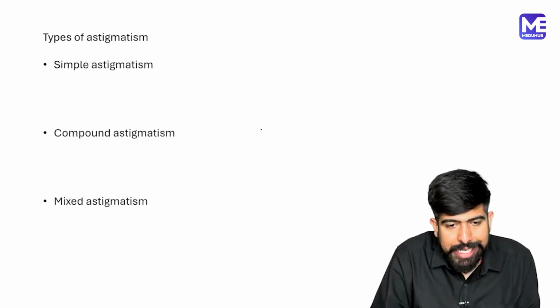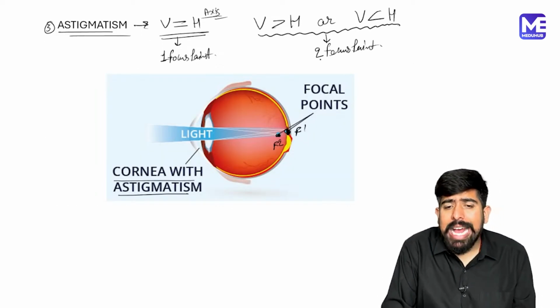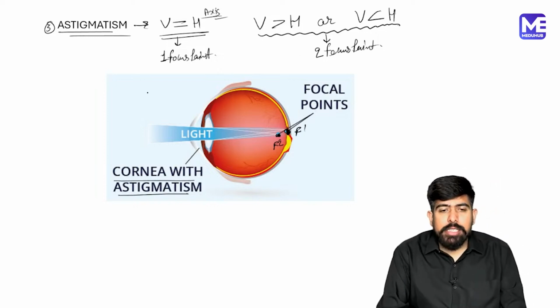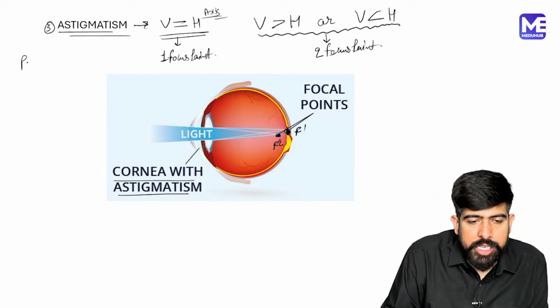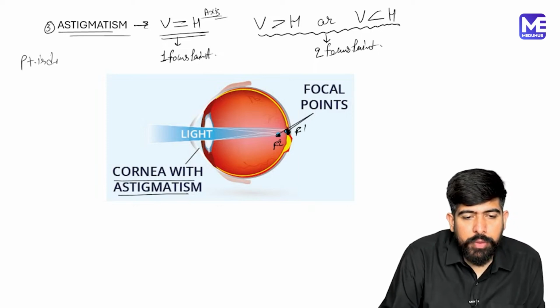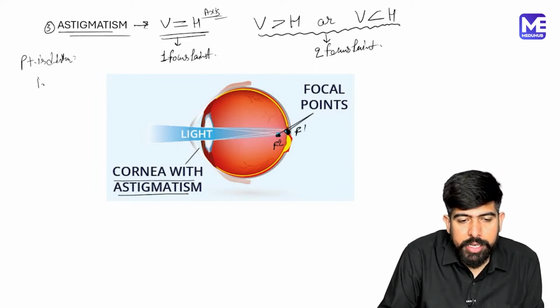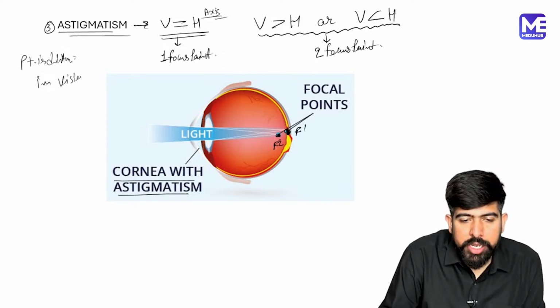Now, if you understand about it, let's talk about what is happening with this. If there are two focus points, please remember the patient is having difficulty in vision. What difficulty in the vision?